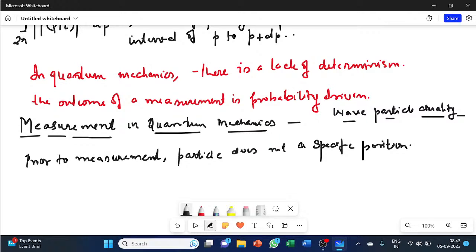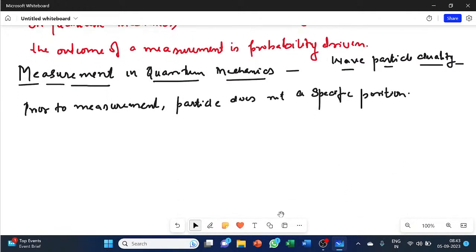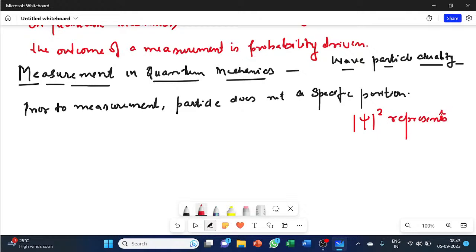One thing is very much clear. You already know what psi mod whole square represents. I'll write it here. Psi mod whole square represents probability density, right?